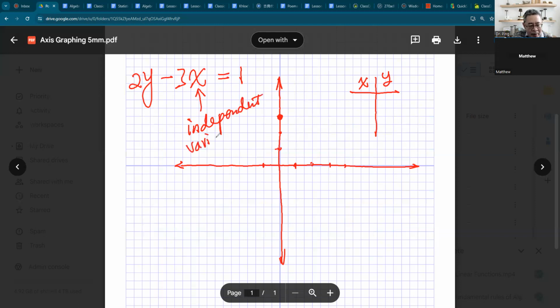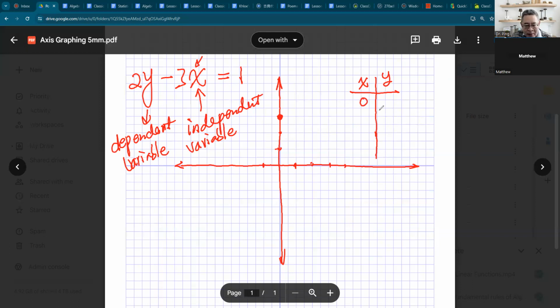That means x can be any value. Y is called the dependent variable, which means that once we know the x number and we know the equation, then the value of y is fixed.